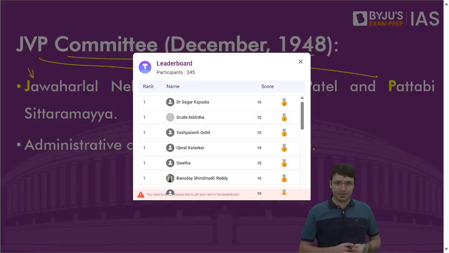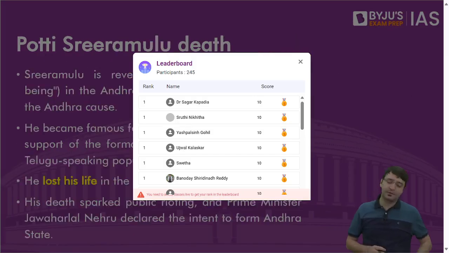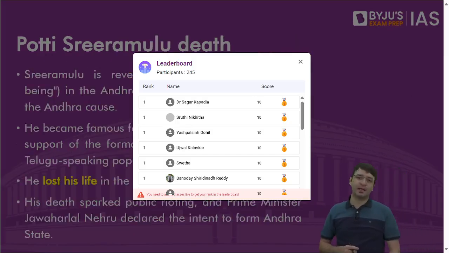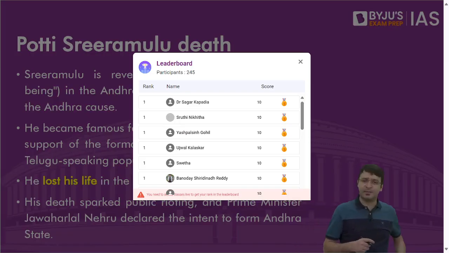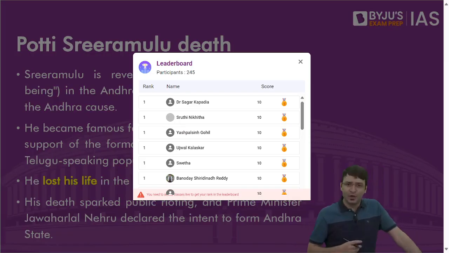But then something happened. One Gandhian, one follower of Mahatma Gandhi, Potti Sriramulu, went on a fast. What was his demand? His demand was that all the Telugu-speaking areas in South India should be merged together to create a state only for the Telugu-speaking population, and that state should be known as Andhra.